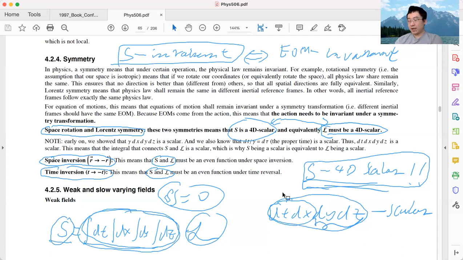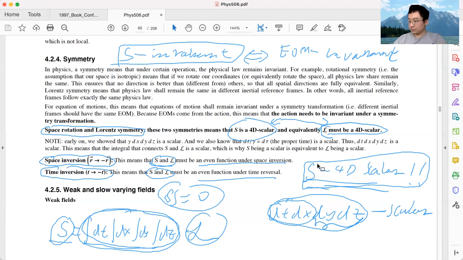In other words, my action should be an even function of the space coordinate r. It should be an even function of time t, which means if I flip t, it stays the same. Okay, so this symmetry will actually help us a lot when we try to write down the action and the equation of motion. So that's a symmetry constraint.